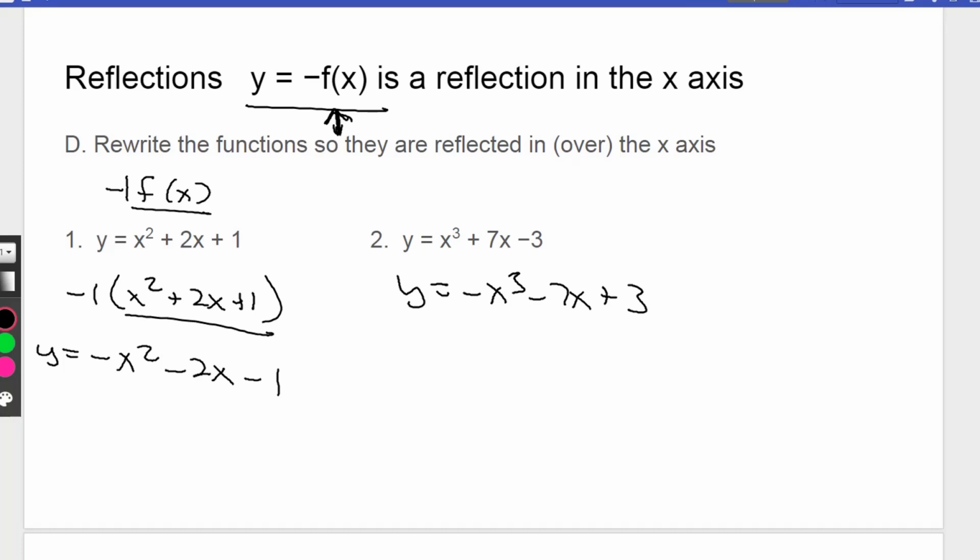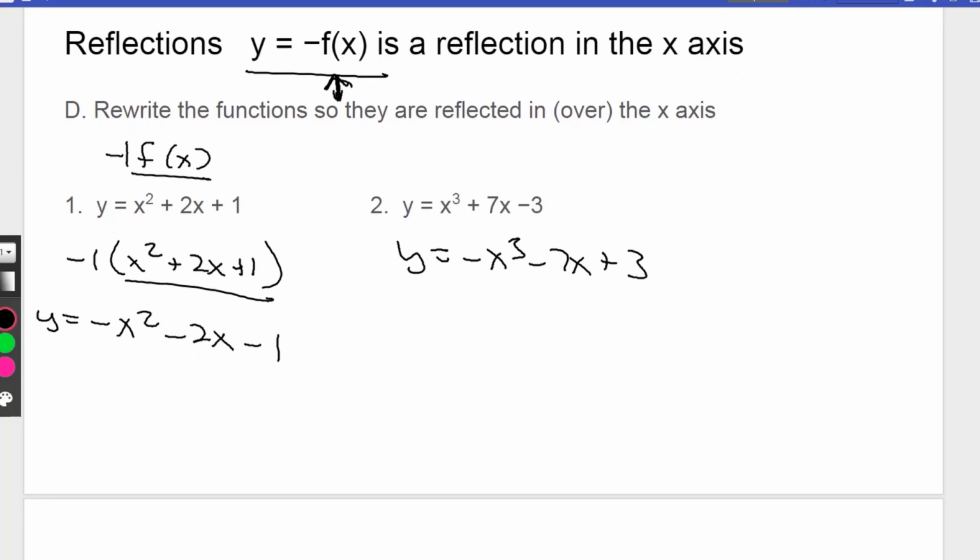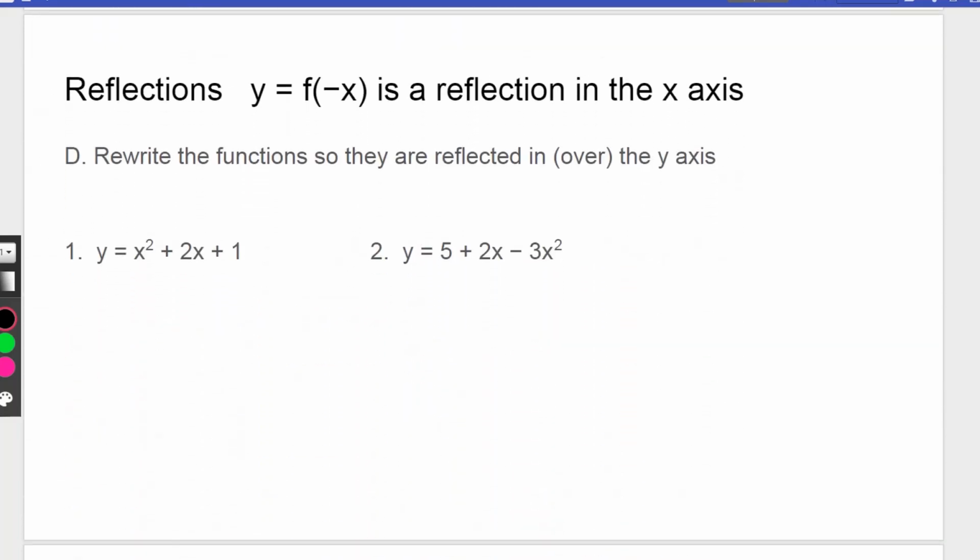All right, so now let's look over here. What about when I reflect over the y-axis? This can be a little bit more confusing, but it's basically the same premise. What you've got to do is remember that this is the function notation for reflecting over the y-axis. And what I'm going to do is replace all the x's with a -x.